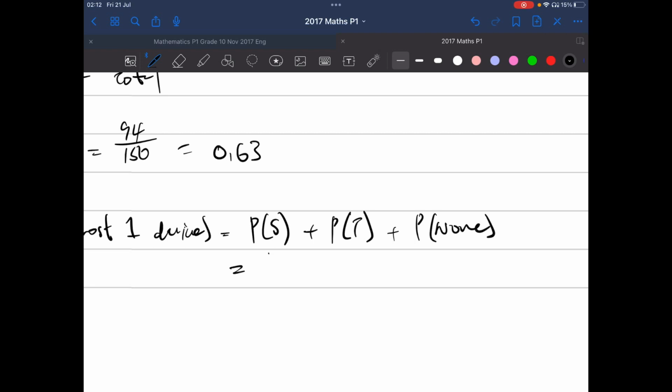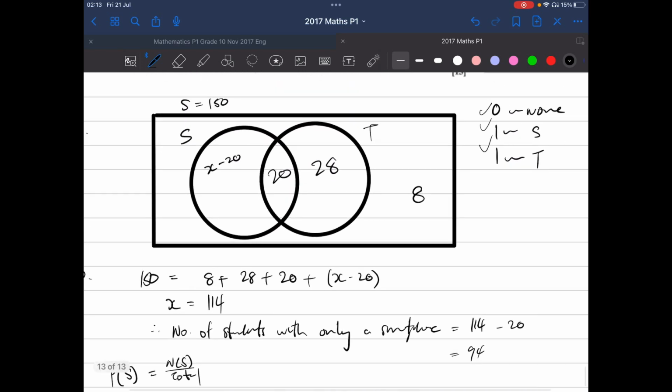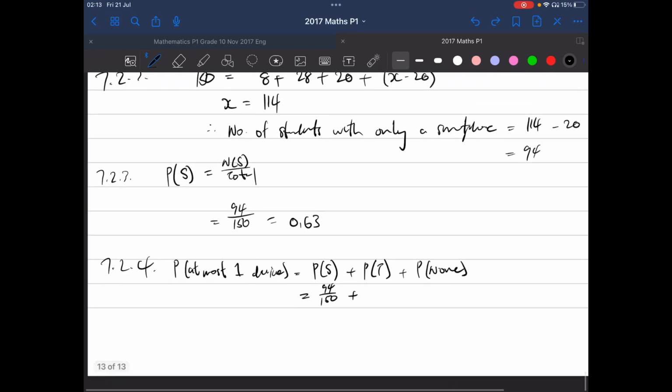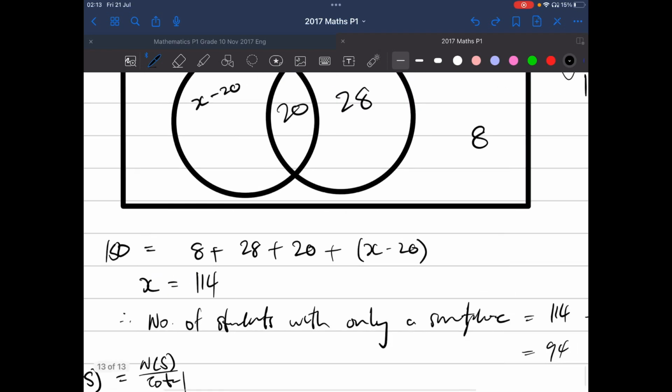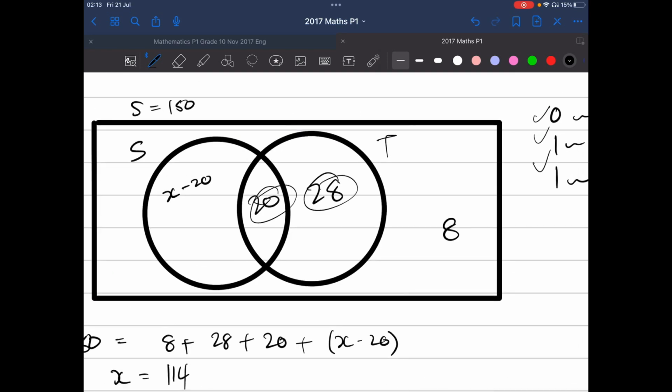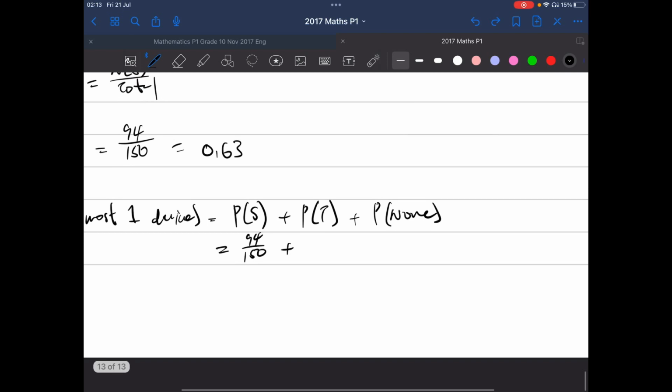So that's 94 over 150 plus, oh no, sorry, not 48, 28, because we want only one, and 48 would include the 2.